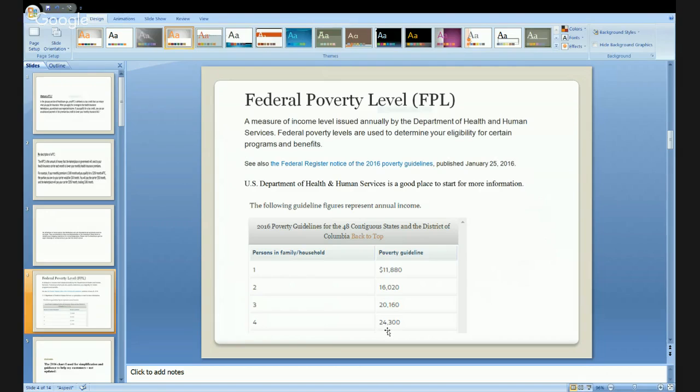The federal poverty limit would say that if your household has a combined gross income of $24,300, that's exactly 100% of the federal poverty limit chart. We can expand this further into larger households, but for simplicity purposes, I just cut it off at a household size of 4.